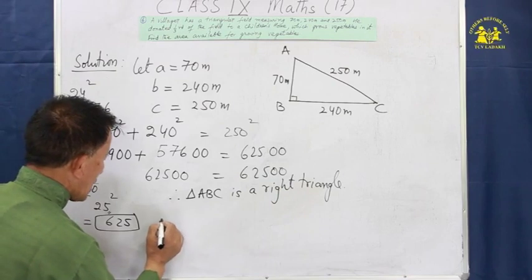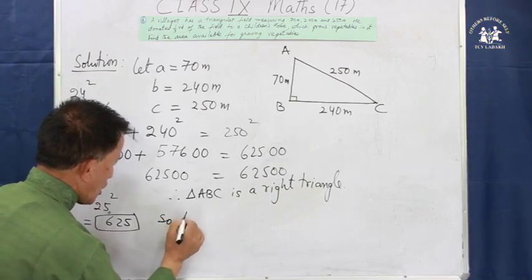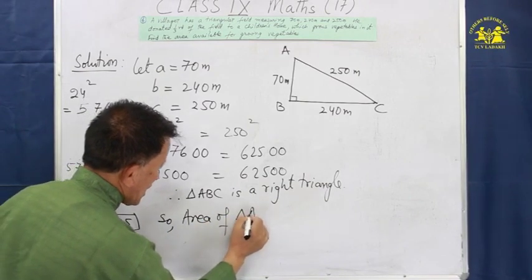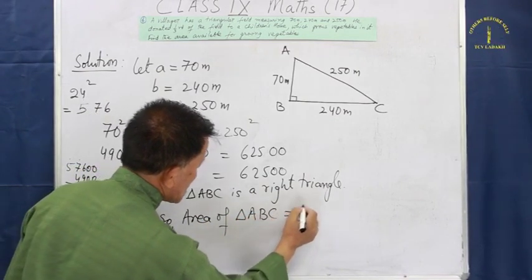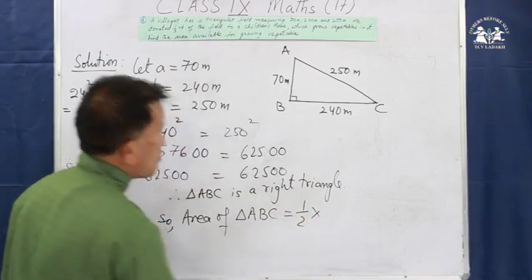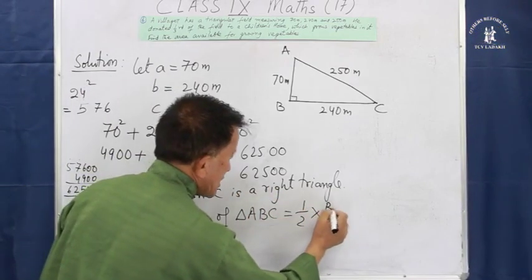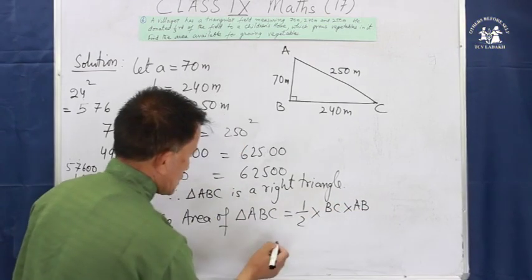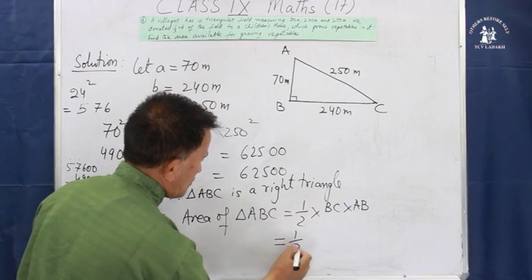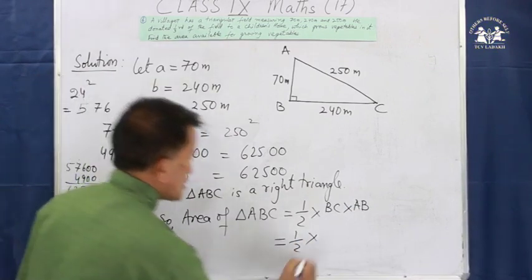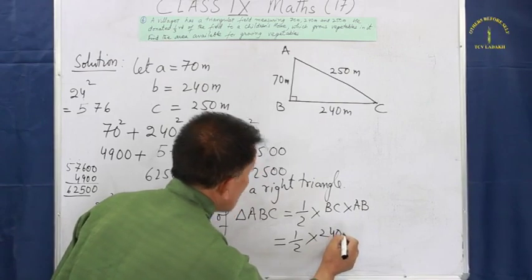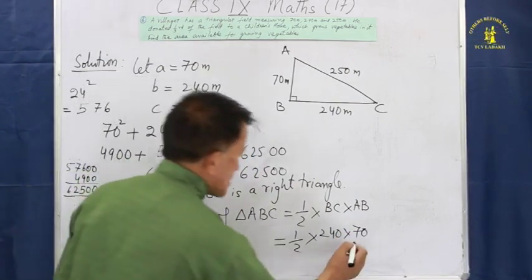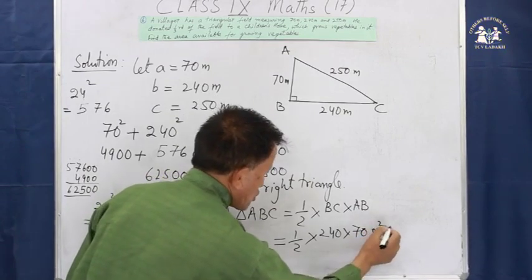So the area of triangle ABC is equal to half base, let us say base is BC, into height AB. So that is equal to half into BC, 240, into AB, 70, square meter.